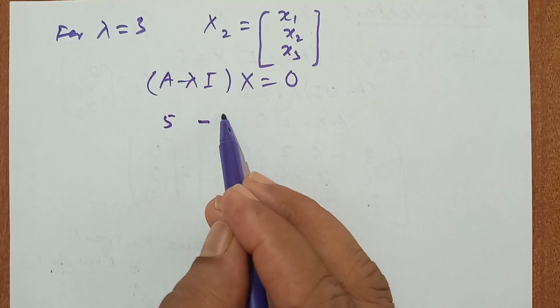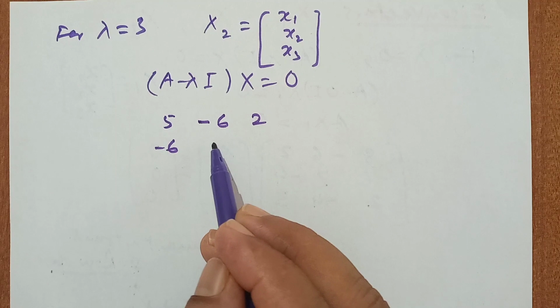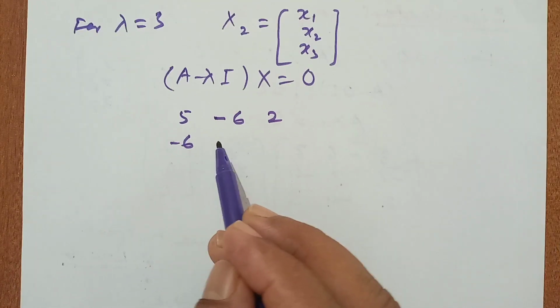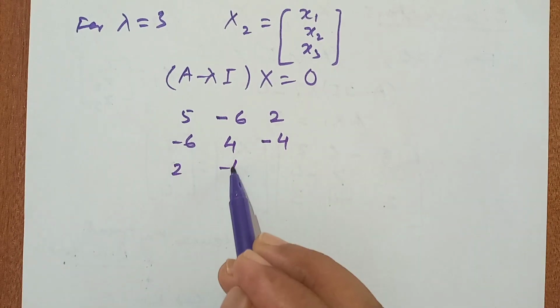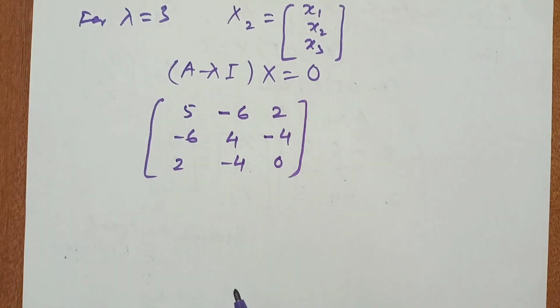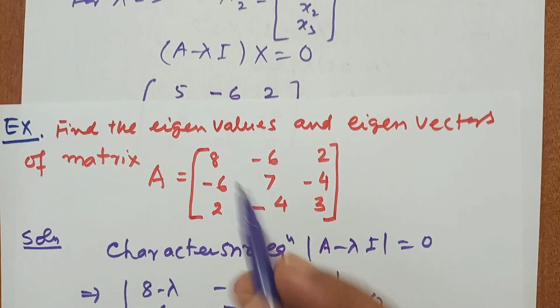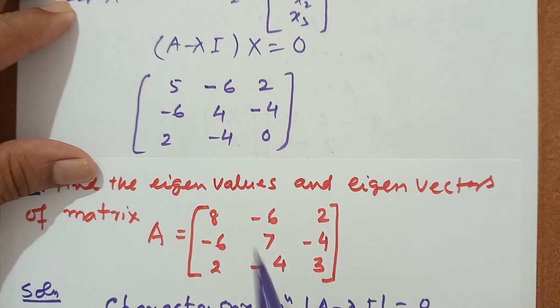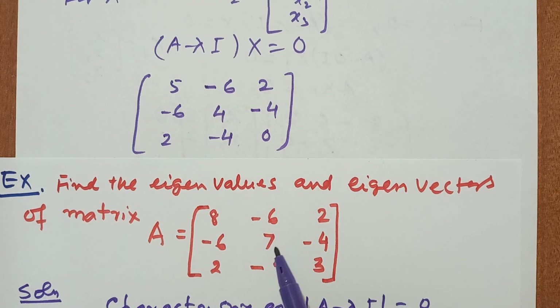So A minus 3 means 8 minus 3 is 5, 4 minus 3 is 1, 7 minus 3 is 4, 3 minus 3 is 0, and all the remaining elements are the same.